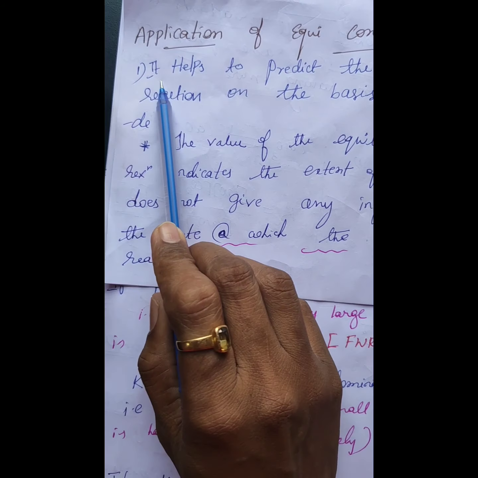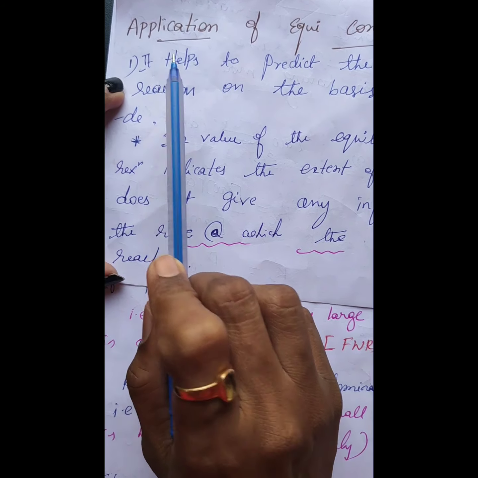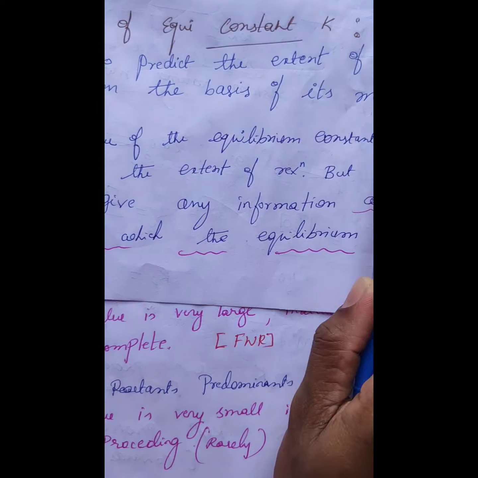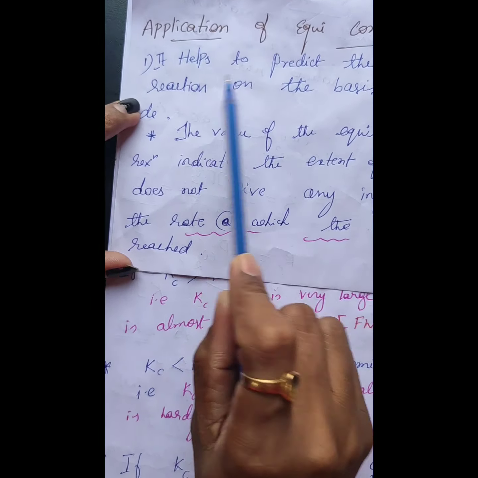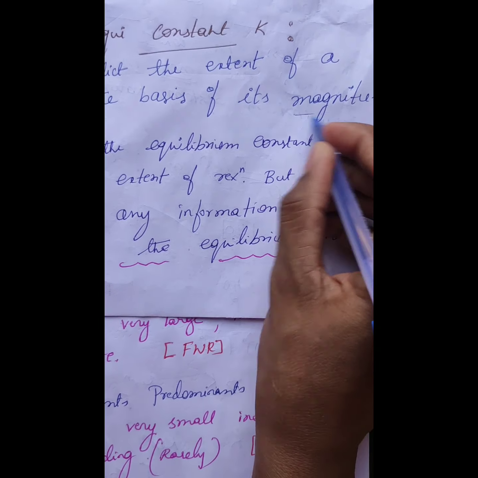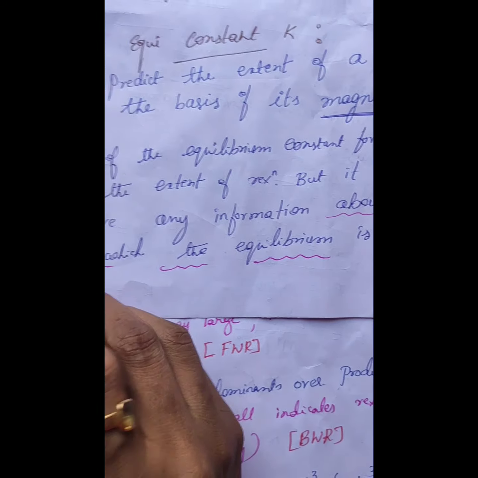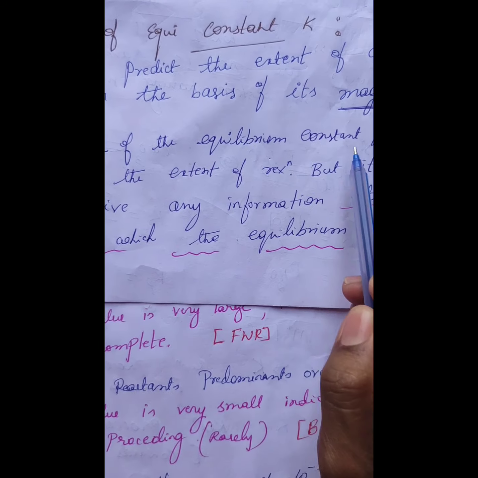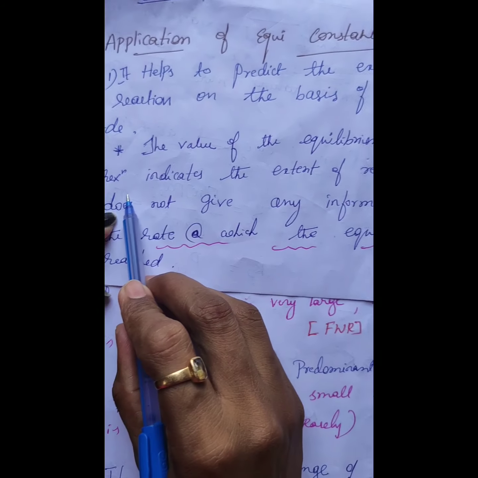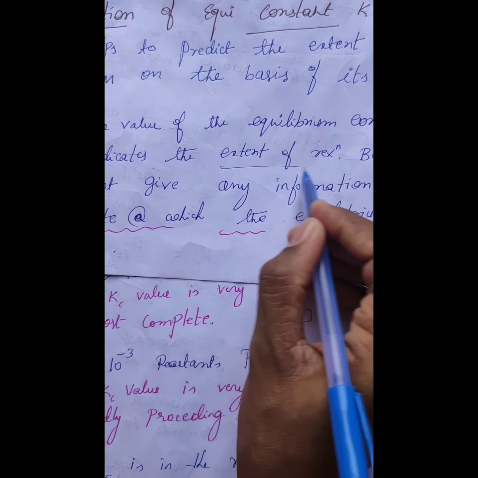Let us first move on to the first application, which helps to predict the extent of a reaction on the basis of magnitude, that is, based on the values. The value of the equilibrium constant for a reaction indicates the extent of reaction.